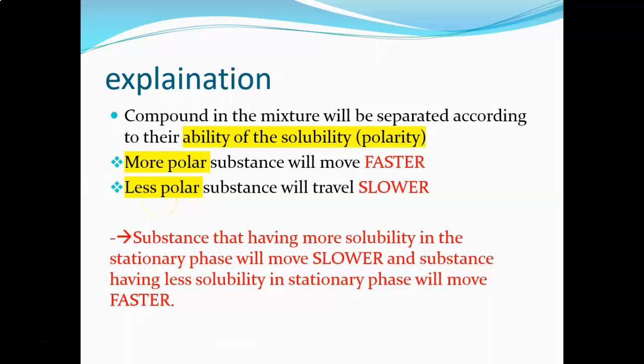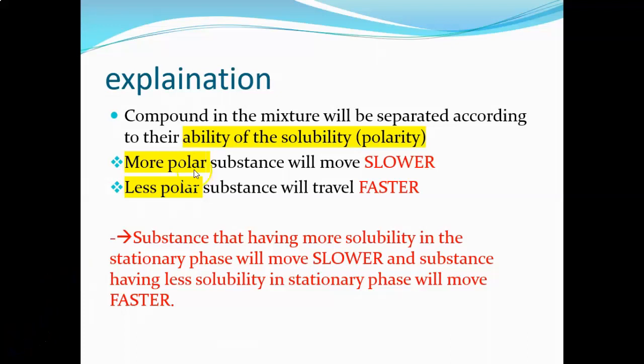Okay, I'm sorry, there is a typo in my slide. I will repeat again. More polar substance will move slower, and less polar substance will travel faster.